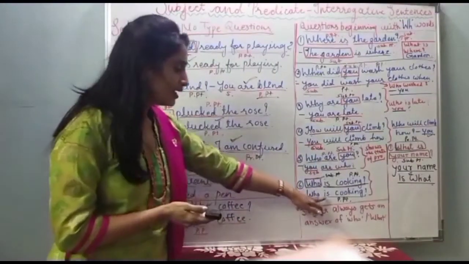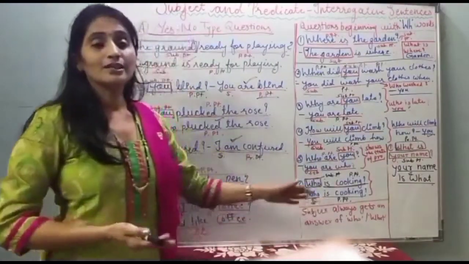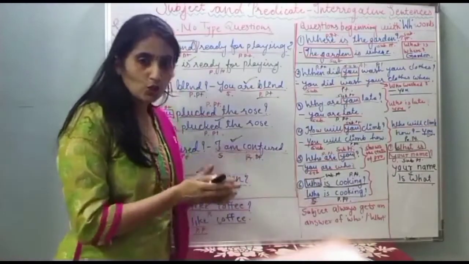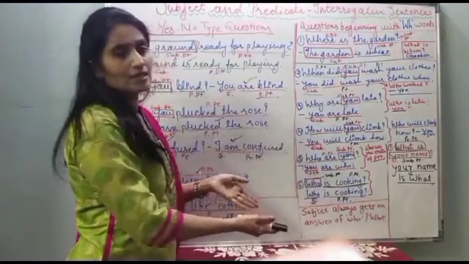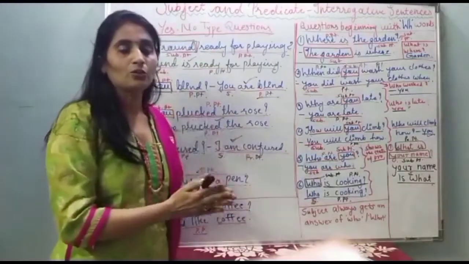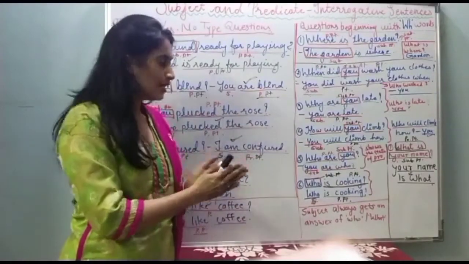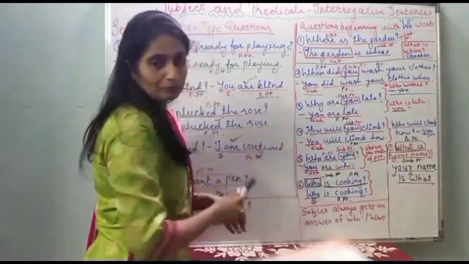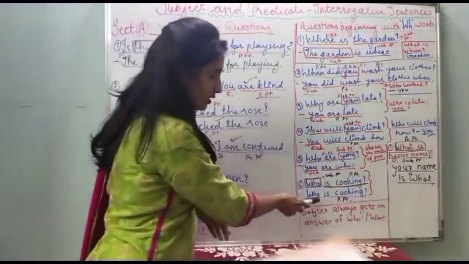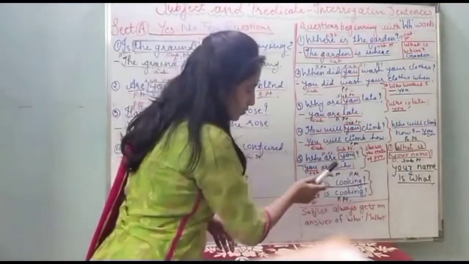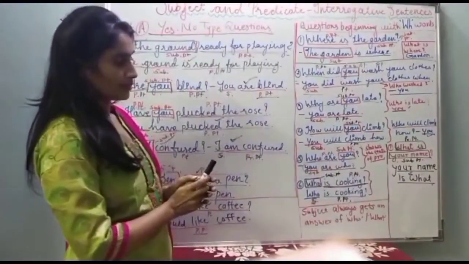But so far as this question is concerned, we cannot do it. And so here the question is again the same. Even though we try to convert the question into a sentence, we get the same sentence. And so here who is the subject and is cooking is the predicate part.